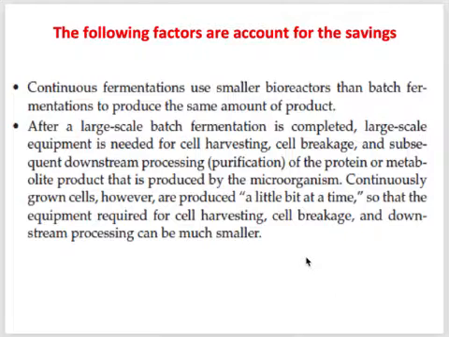But in continuous fermentation, as we need a smaller bioreactor or fermenter, all those downstream processing steps will be smaller in comparison with the batch fermenter. This is easier to do, and it will also save us some money.